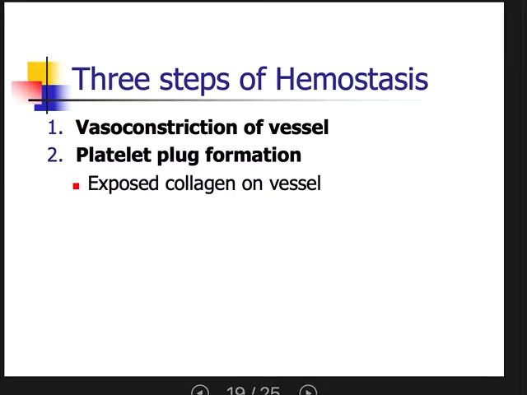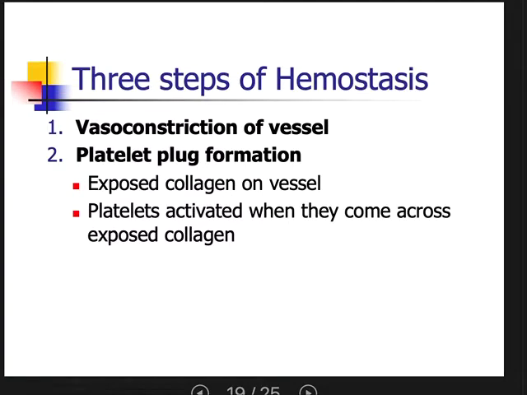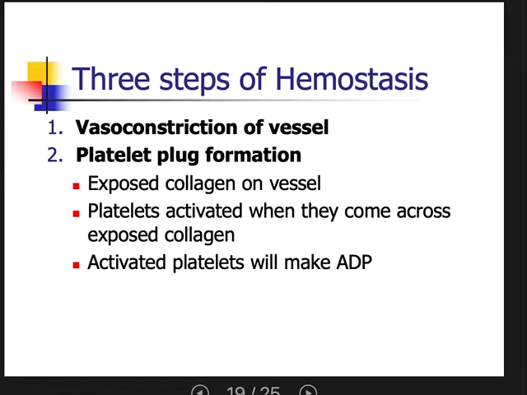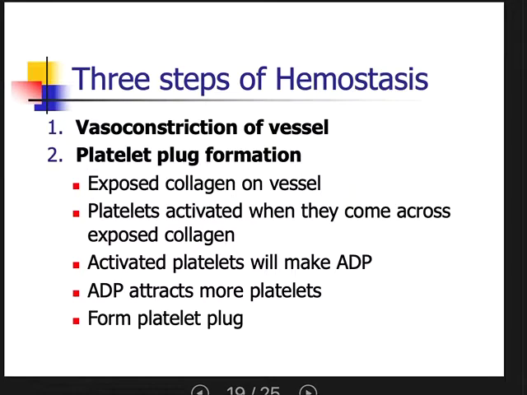So with exposed collagen on the vessel, platelets become activated when they come into contact with it. The activated platelets will make ADP. ADP will attract more platelets, and then you will form your platelet plug.